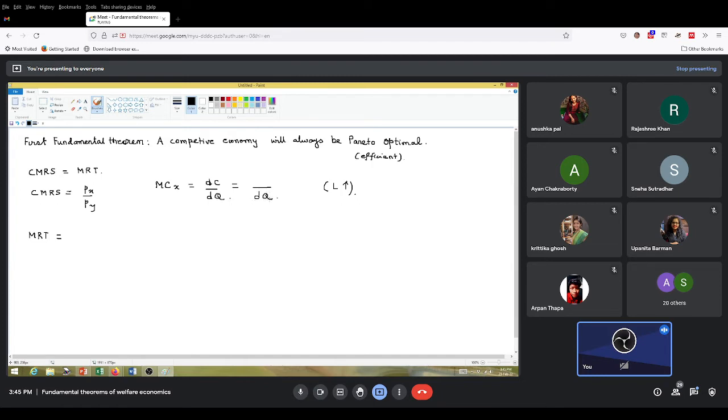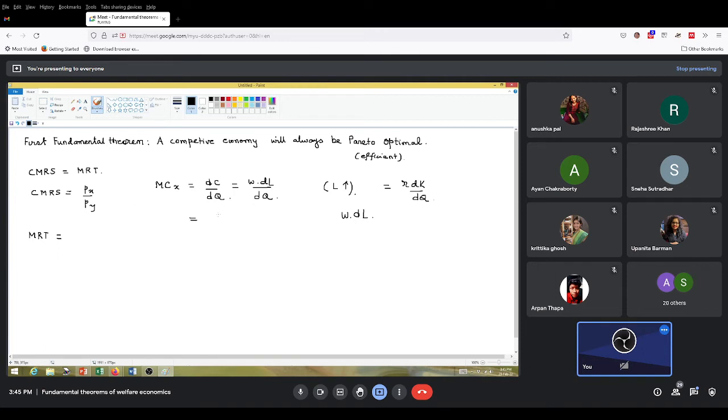You have increased output. How can you increase output? By increasing labor. What is the cost of this decision? It is W into dL. If you want to do this in terms of capital, it will become R dK by dQ. You can also do it in terms of capital.